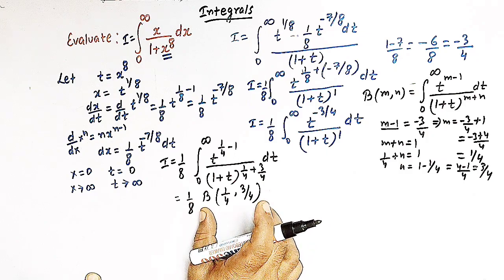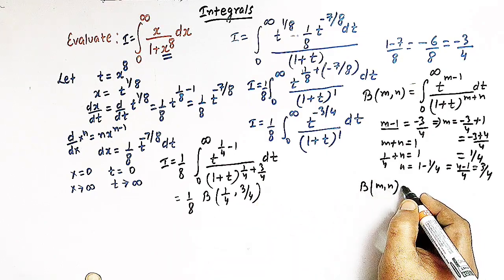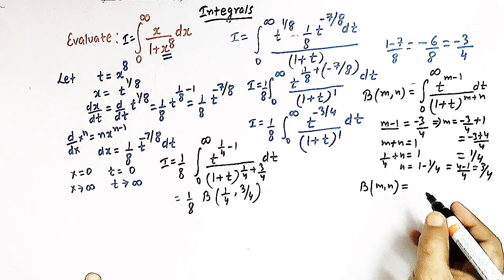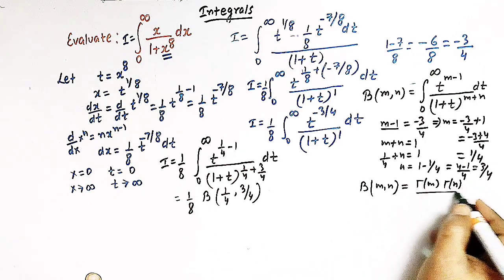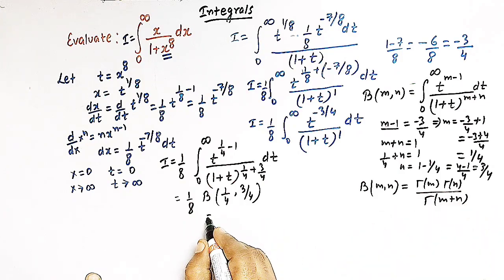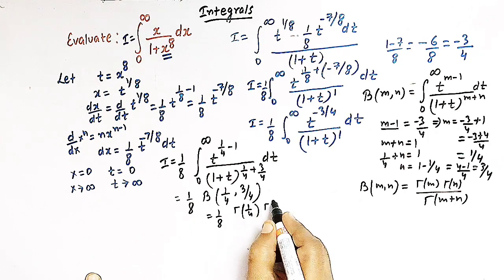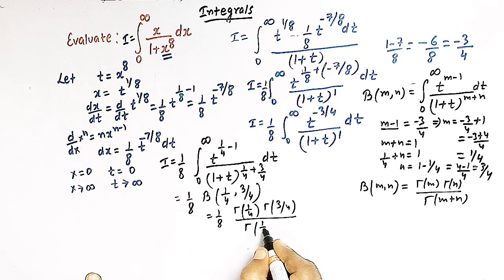Now here to get the value of beta m comma n, we can utilize one important result which connects beta function and gamma function. So we have gamma of m, then we have gamma of n divided by gamma m plus n. So here we have 1 over 8, gamma of 1 by 4, gamma of 3 by 4 divided by gamma of 1 by 4 plus 3 by 4.